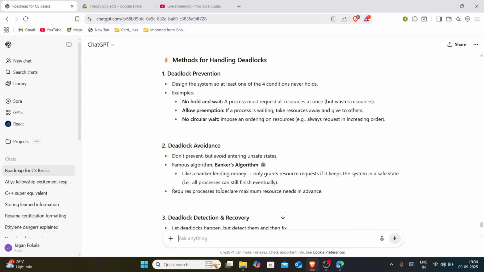Deadlock avoidance: don't prevent, but avoid entering unsafe states.